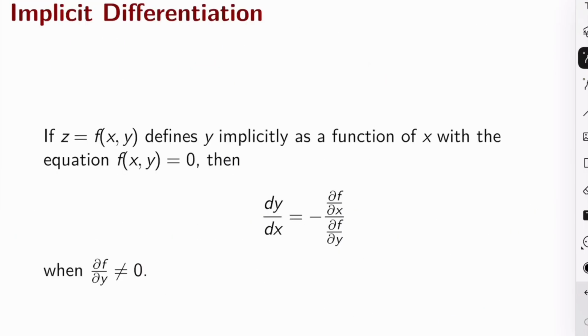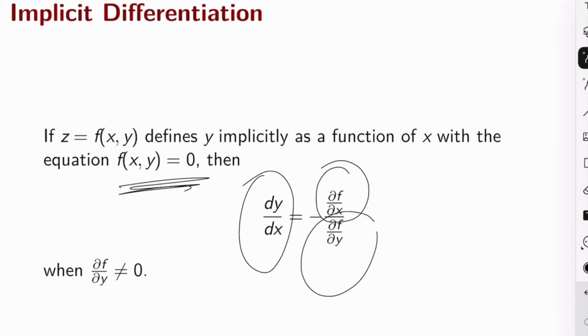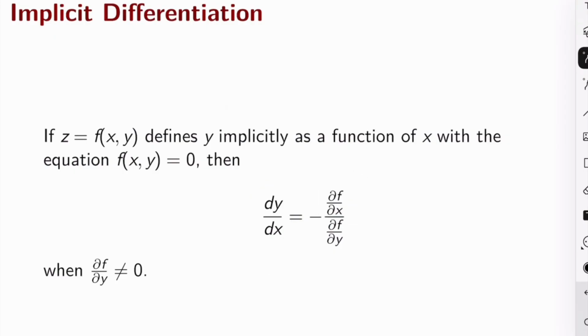As an application of the partial derivatives, we can calculate the derivatives of functions that are defined implicitly. I mean that we don't have the explicit formula of the function, but if they are defined implicitly, for instance, by an equation like this, then we can calculate the derivative of the function as the quotient of the partial derivative of f with respect to x over the partial derivative of f with respect to y, with a minus in front.